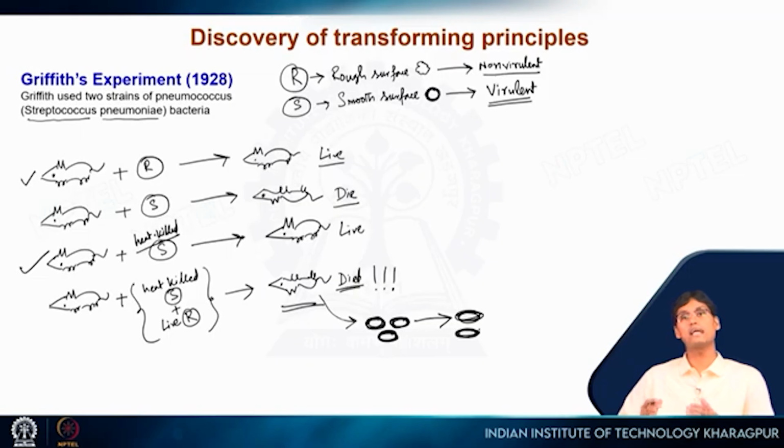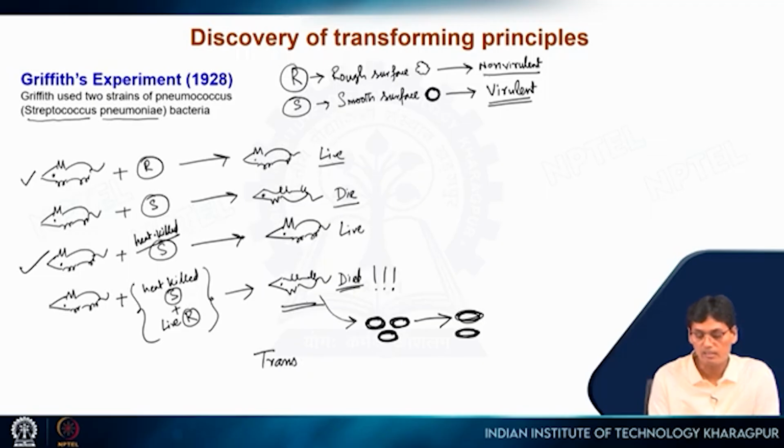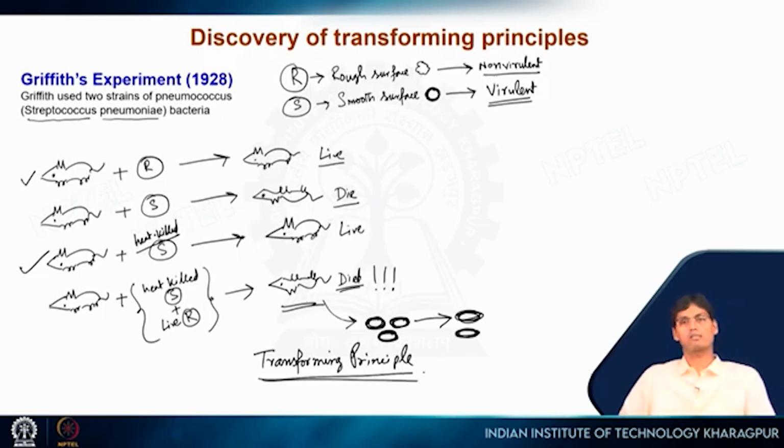That means this change is permanent. He called this the transforming principle. This is very important. But what is the transforming principle? What is the ingredient? That was not known at that time. But something present in the heat killed S strain converts R cells into S cells.